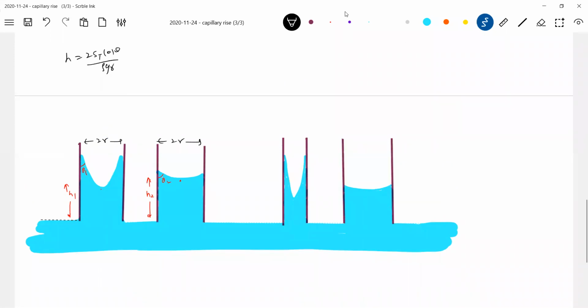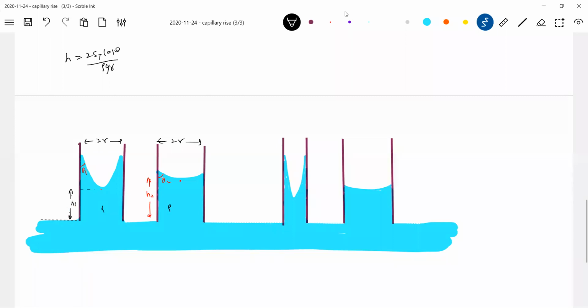Then the radius of the capillary tube didn't change, only the shape of the meniscus has changed. Are you able to notice the shape of the meniscus has changed? And this H1, H2 we measure like this here. Are you able to see things clearly? H1, H2. So according to this formula, surface tension is the same, density of the liquid is the same.